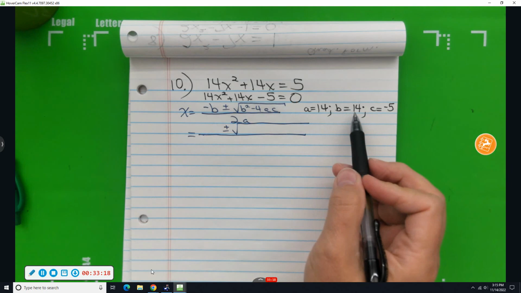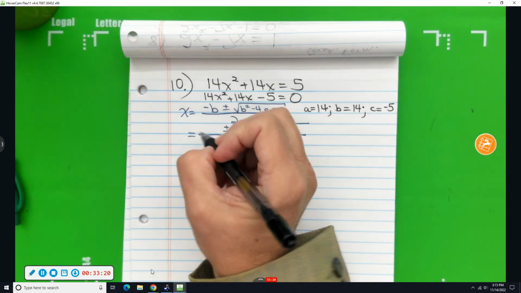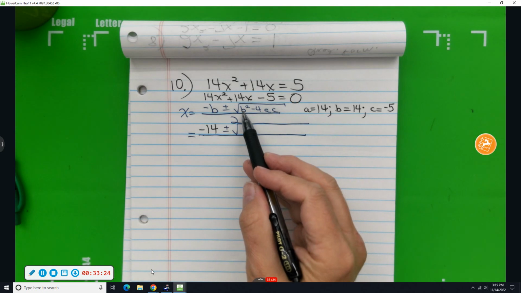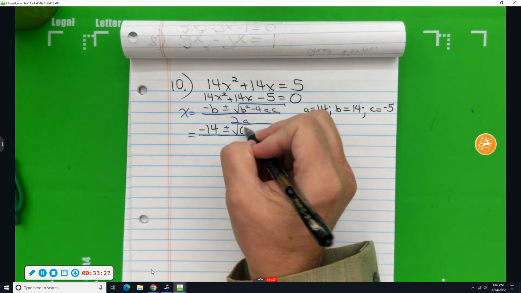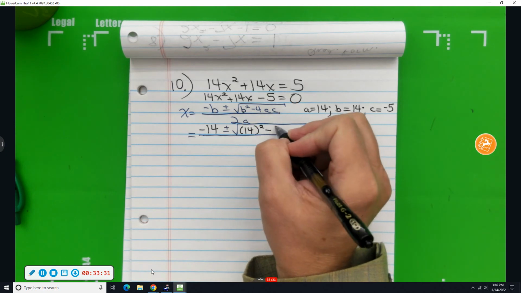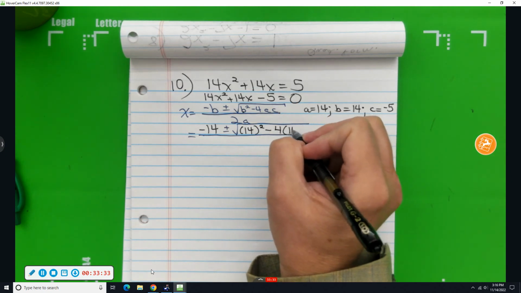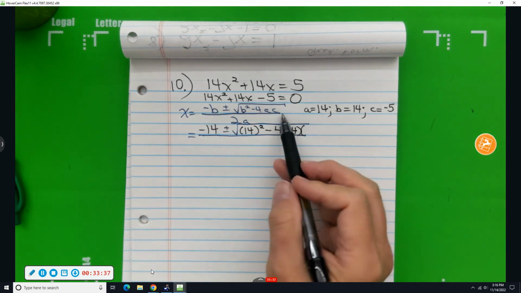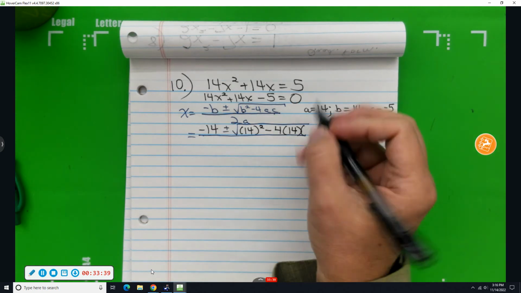Negative b, the opposite of positive 14, is a negative 14. We have a b squared, so that's a 14 squared minus 4 times 14. A is 14. C, negative 5.